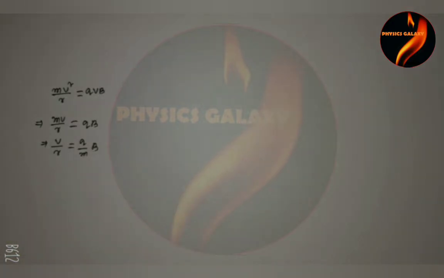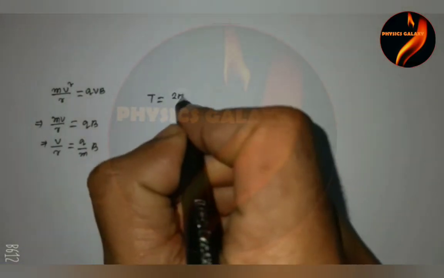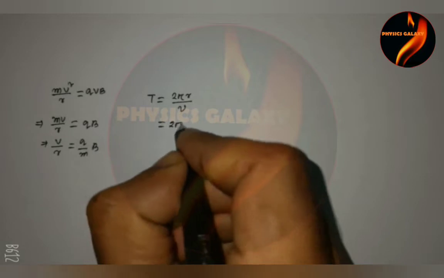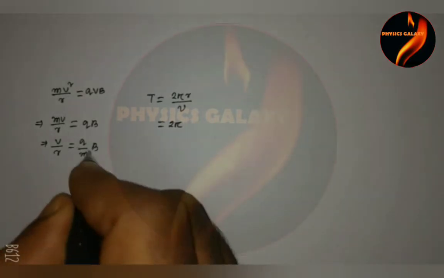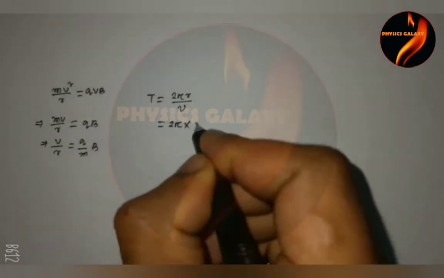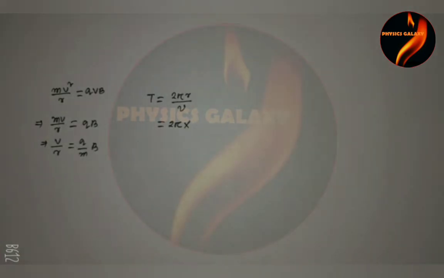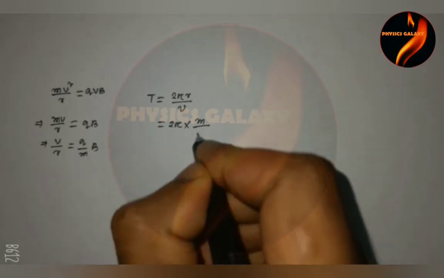Okay, so now find the time period. Time period T equals 2πr divided by v, and the v by r value is qB by m. So put this value, and that is actually m by qB.